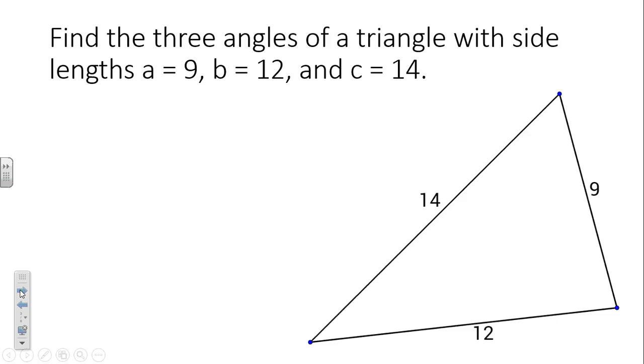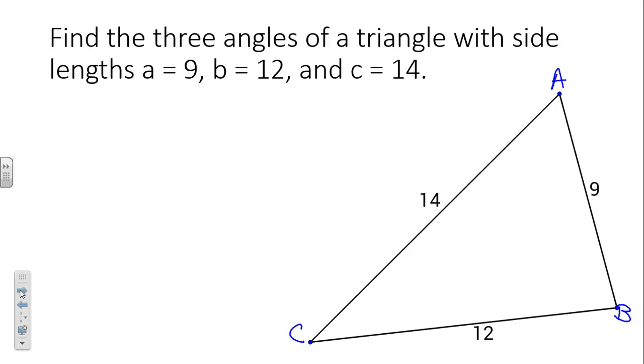So notice how we have side, side, side, three sides, no angles given. That tells us we need to use the law of cosines. So let's label our points A, B, and C. And then we just need to decide which one we're wanting to solve for first.